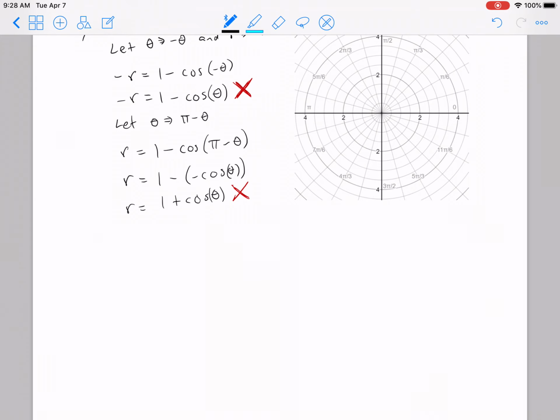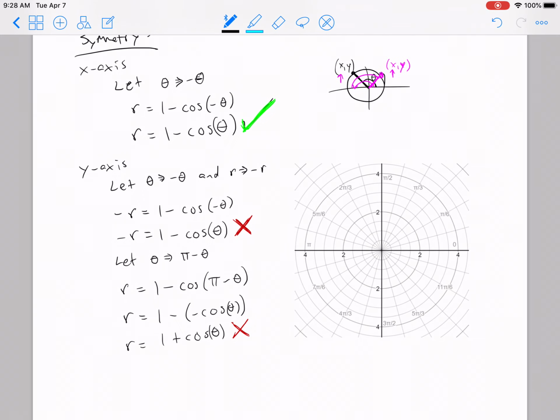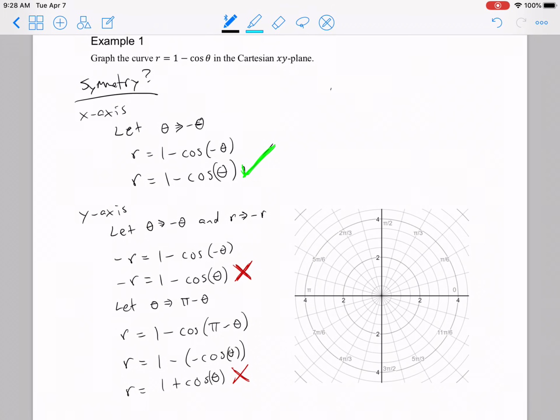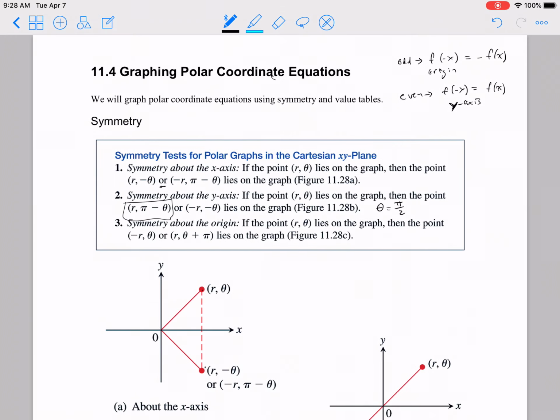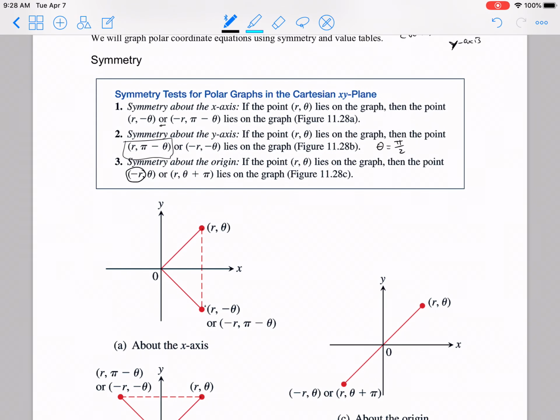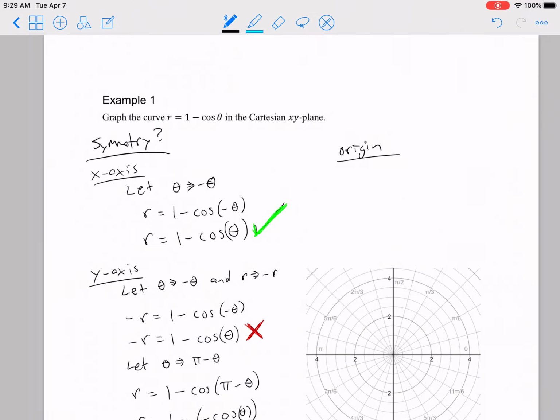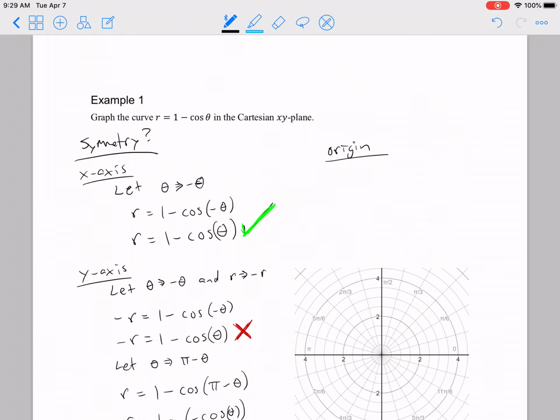If we wanted to check the symmetry about the origin, might come up here. The origin, all right, so x-axis, origin, y-axis. For the origin, remember we're only going to negate r. We don't have to do both of them, but let's take a look here.